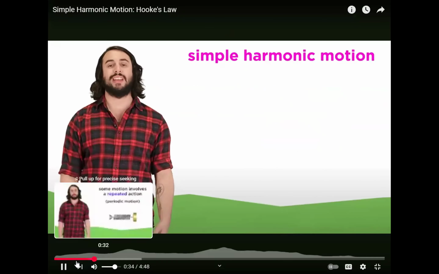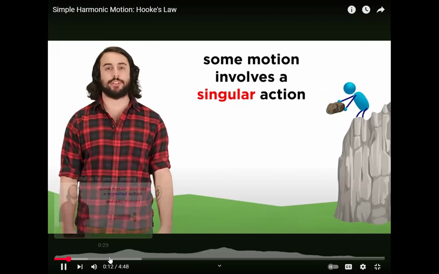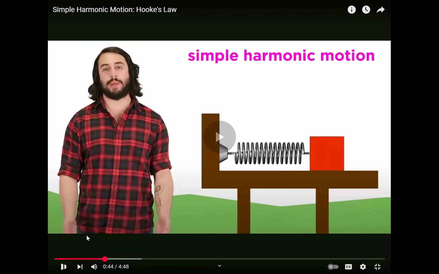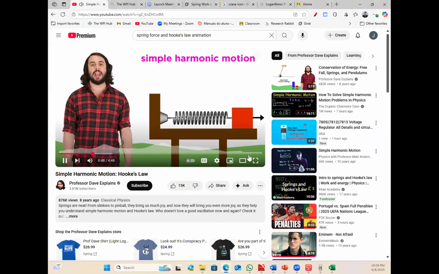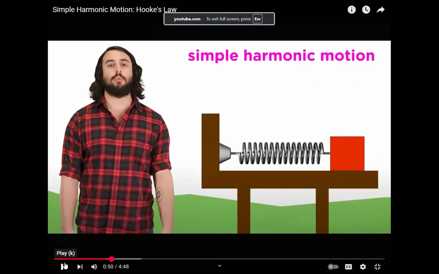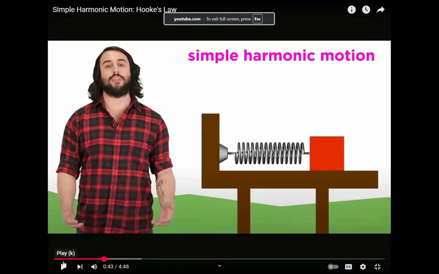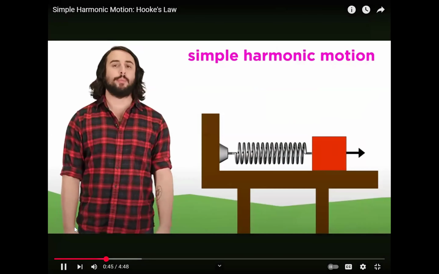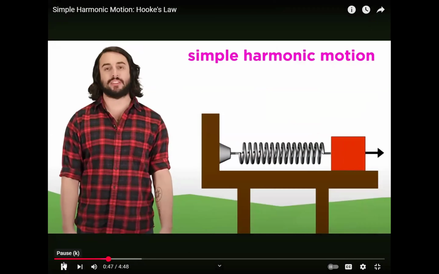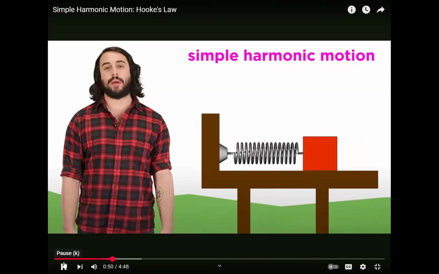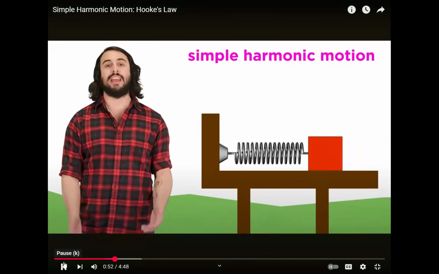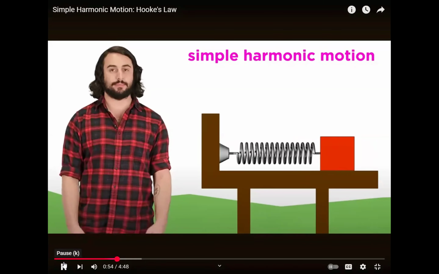Imagine this: if we pull this block so as to expand the spring, and then we release the block, it will vibrate back and forth between more compressed and less compressed states.